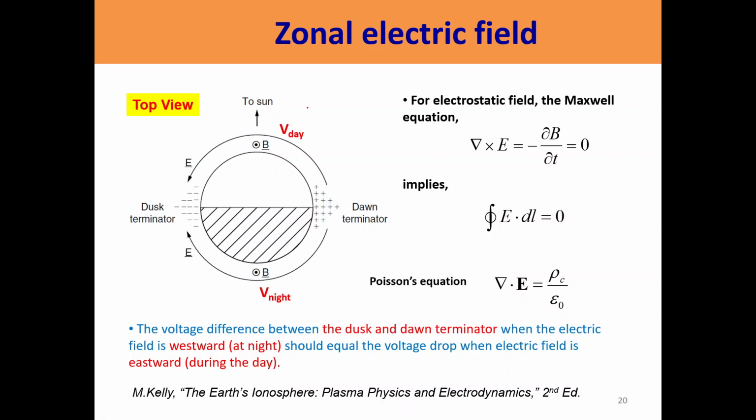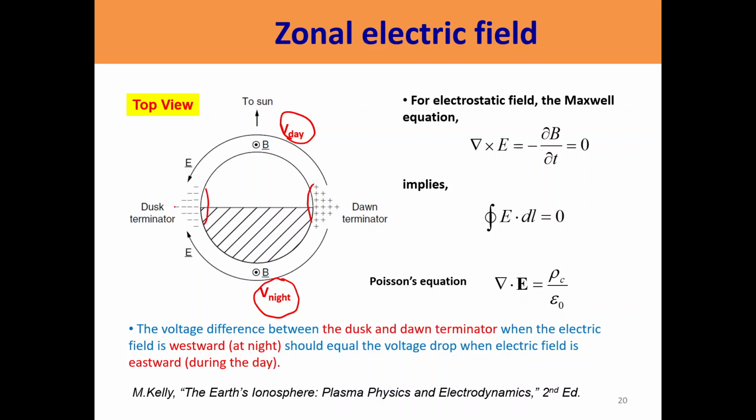Another look at the theory of this work. This is more like a top view. You look from the pole, you look down. So this Earth, you have two parts, right? The daytime and the nighttime. At the sun terminator, there is accumulation of electrons and ions.